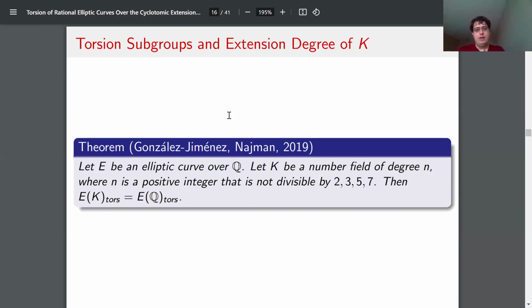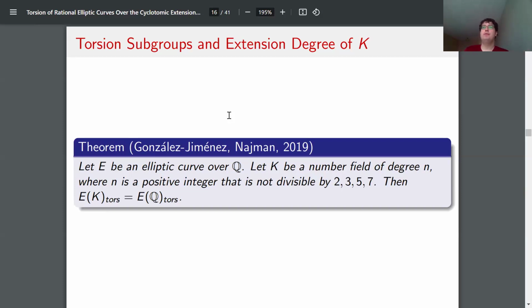One of the important results I got inspiration from is due to Gonzalez-Jimenez and Najman. They prove that if K has extension degree n, and n is not divisible by 2, 3, 5, 7, then all the torsion points are actually rational torsion points.